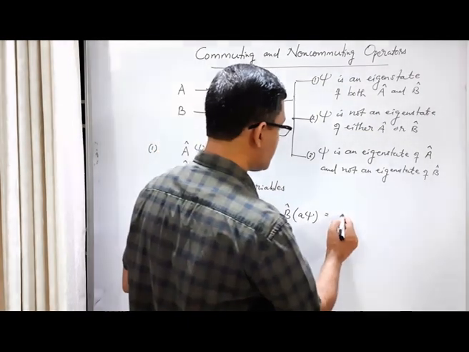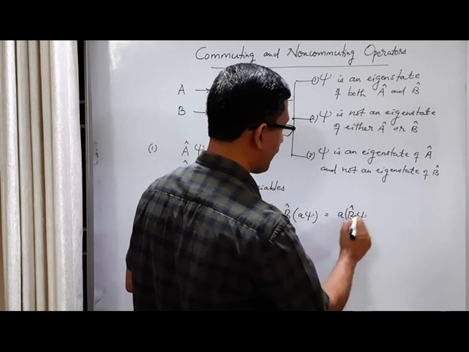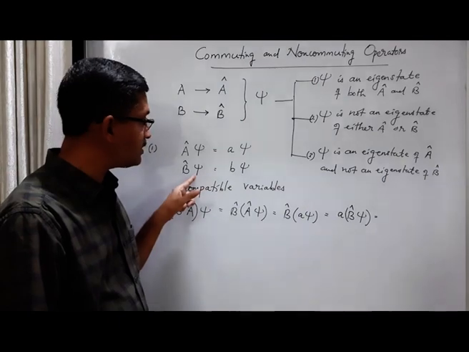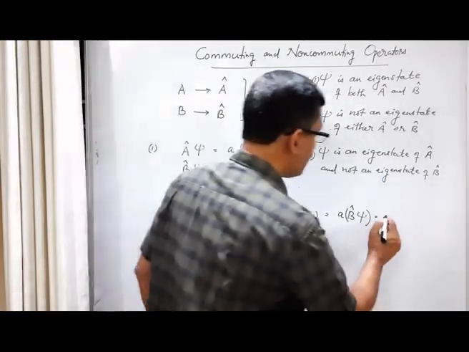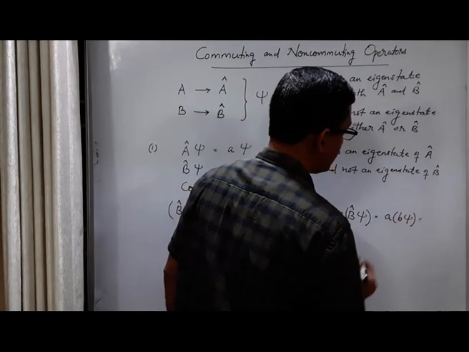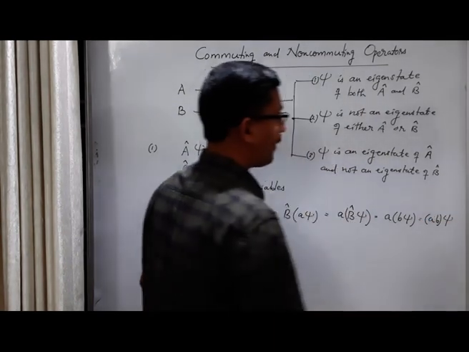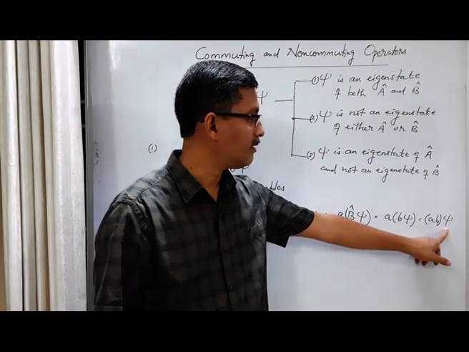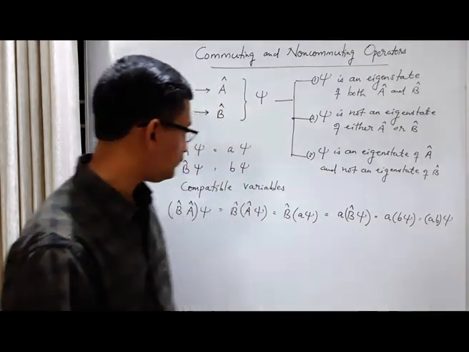We can write this as a times operator B acting on psi. What is the result of B acting on psi? Psi is again an eigenstate of B, so we get small b psi. We can write this as ab times psi. So we can see that the final state is psi, and we get the eigenvalues a and b.